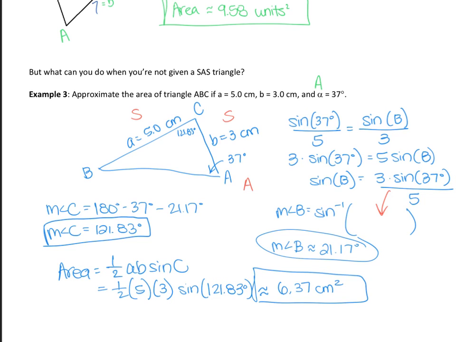So that's our area. And that isn't the only way you could find the area of that triangle. Again, you could have solved for this third side, and you could have used Heron's formula. But that was one way to find the area.